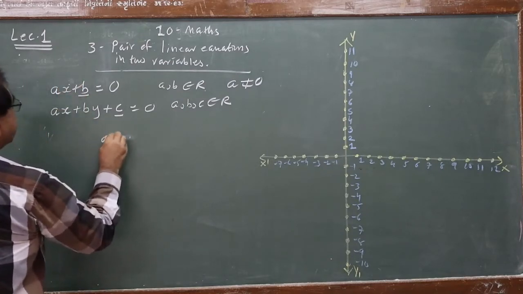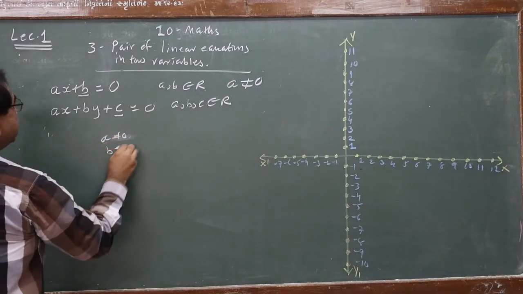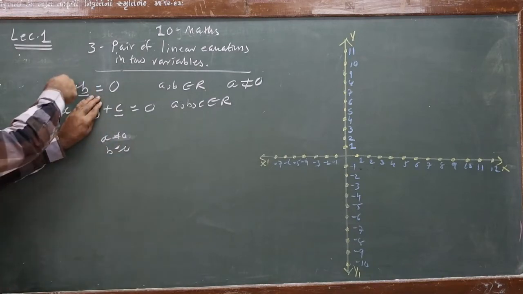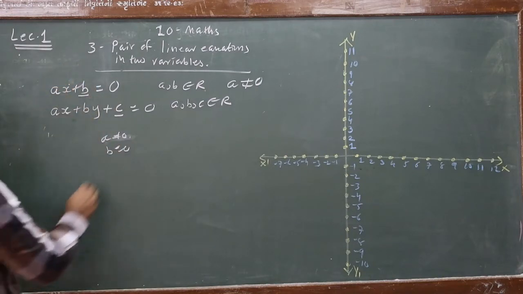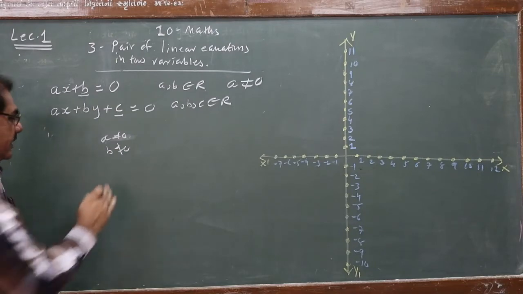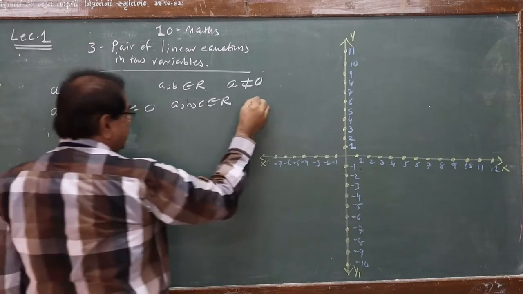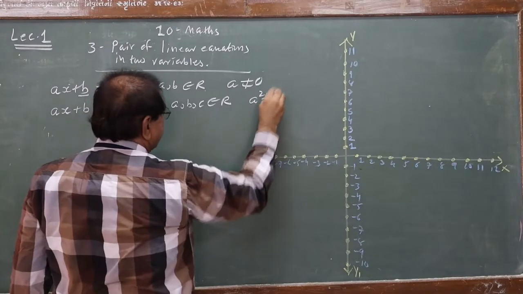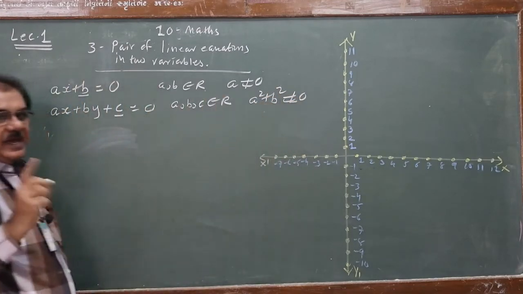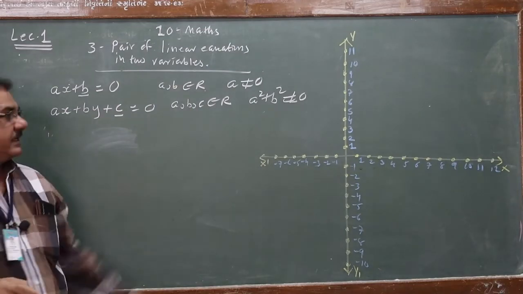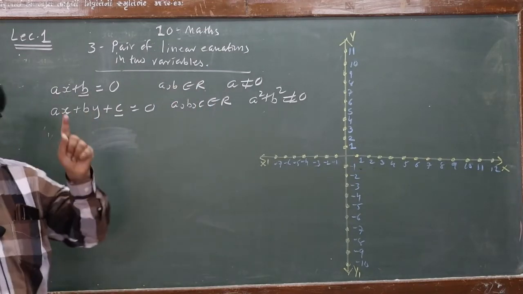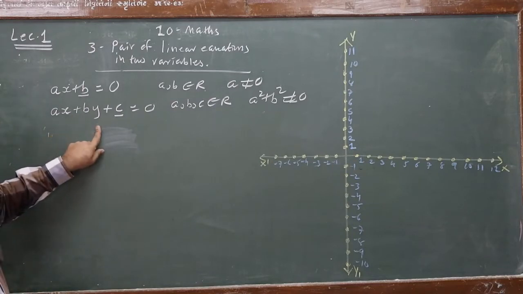If I say a is not 0 and b is equal to 0, then it is again ax plus c of the same type. That is why the condition is what? A and b both cannot be 0. And this condition we write as a square plus b square is not equal to 0. This means a and b simultaneously cannot be 0. Okay? So this is linear equation in two variables.